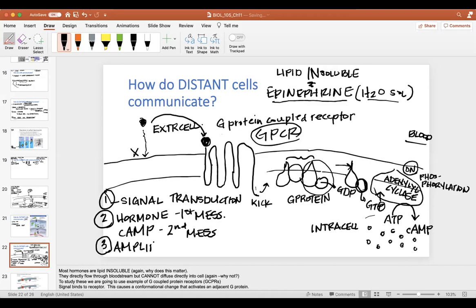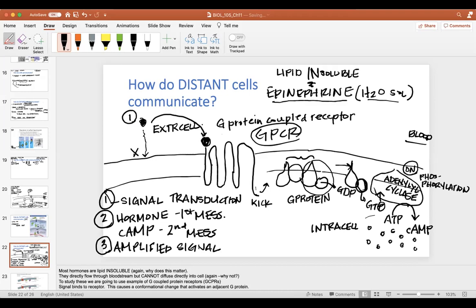Now, what do I mean by that? Okay, we had one hormone molecule up here, right? And it bound to our protein, our GPCR, and that caused a conformational change that kicked the G protein over, and that activated this enzyme.